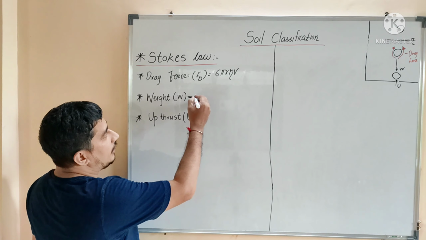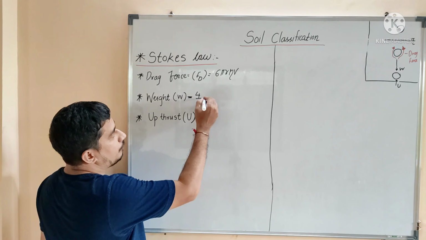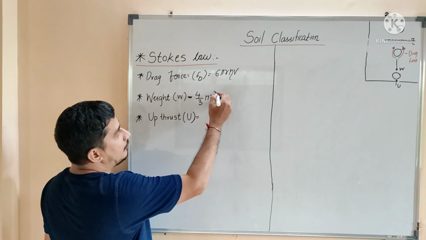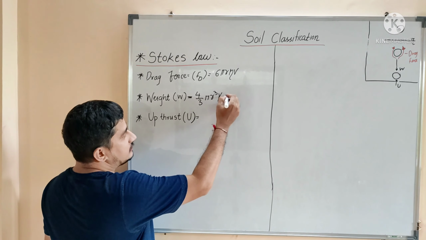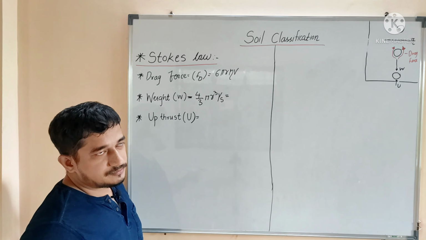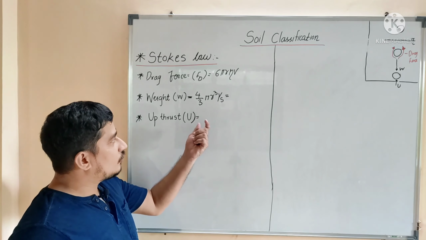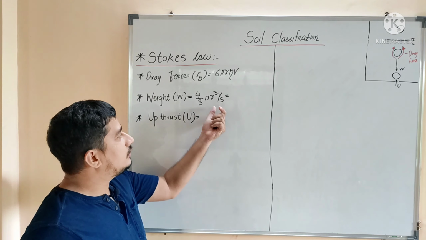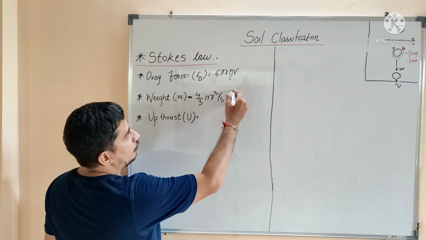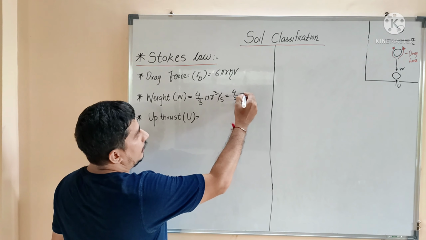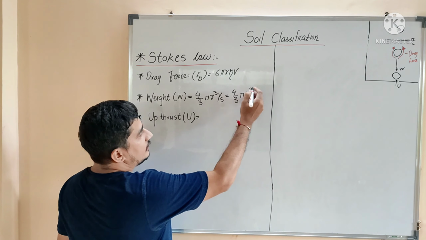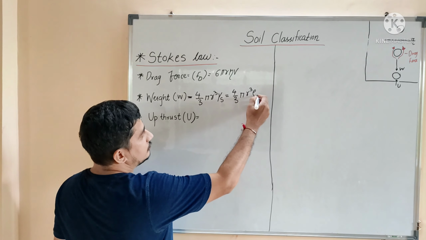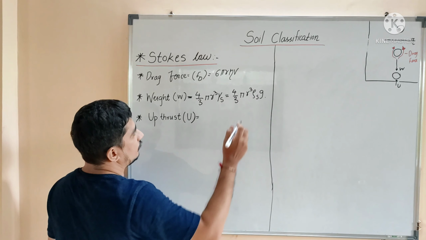The weight can be given as 4 by 3 into pi r cube into gamma s, where gamma s is the unit weight of solids, because this is a soil particle. That gamma s can be written as rho s multiplied by g.